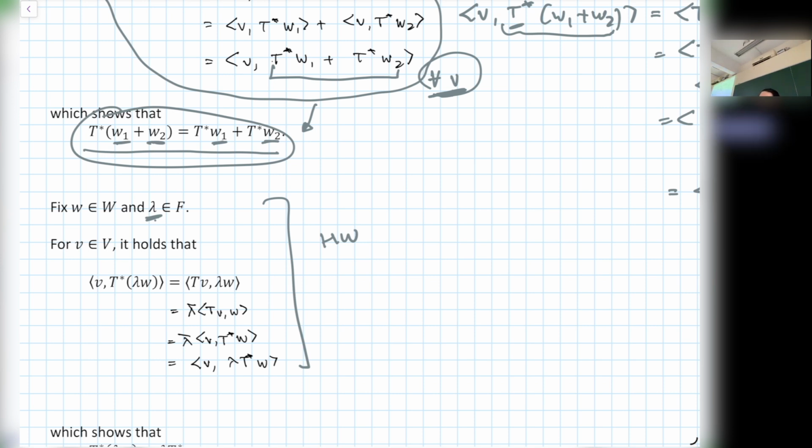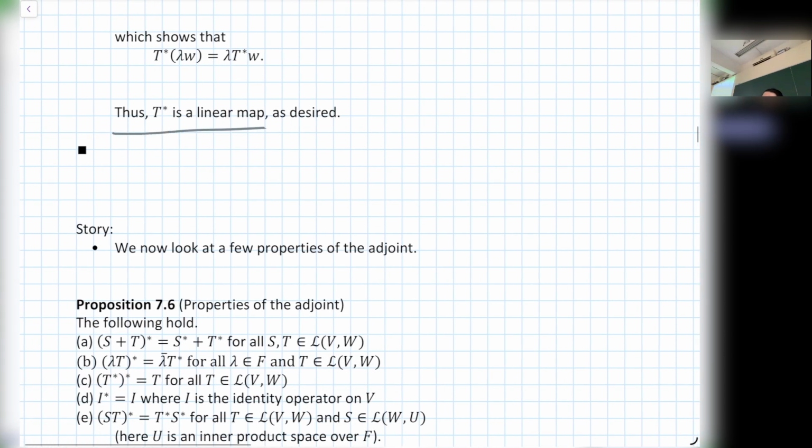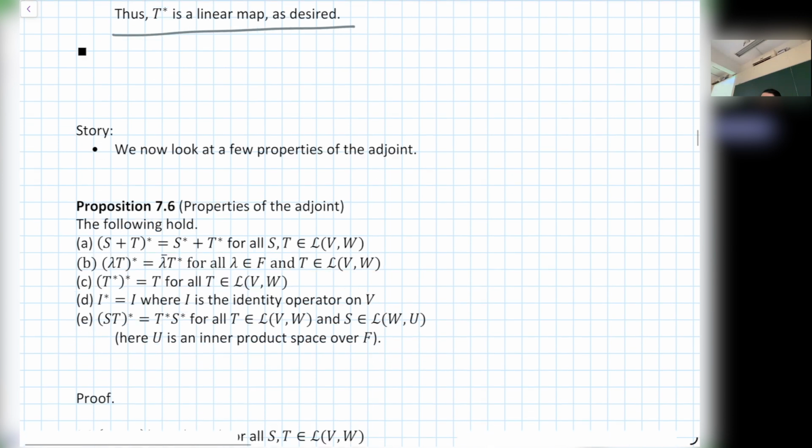In Hoffman and Kunze, we would do alpha plus c beta directly, where c is the scalar. Here we're doing alpha plus beta first, and then we're doing c separately. Making sense? So I'm going to leave the c part as homework. It's very straightforward. You can check. So at the end of it, this means that T star is linear, as we wanted.